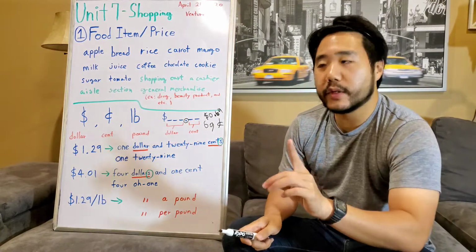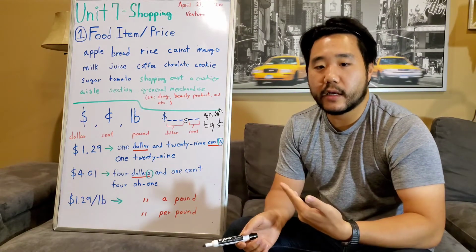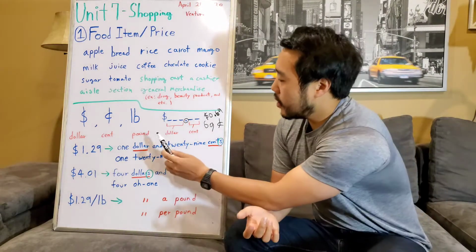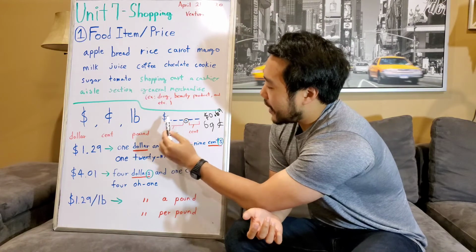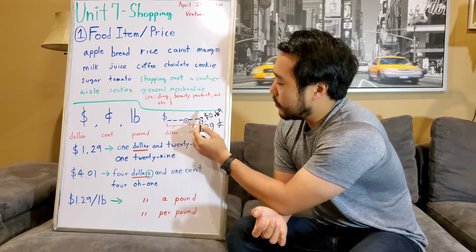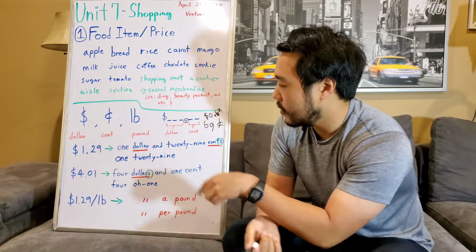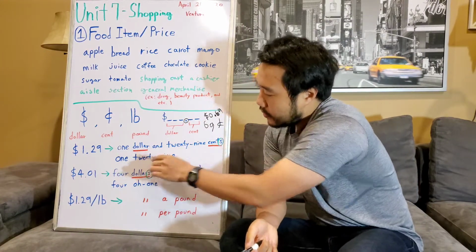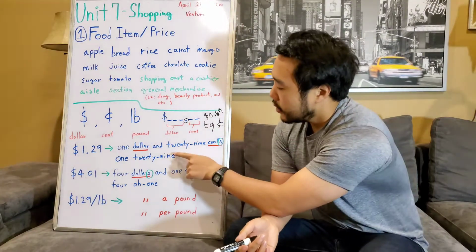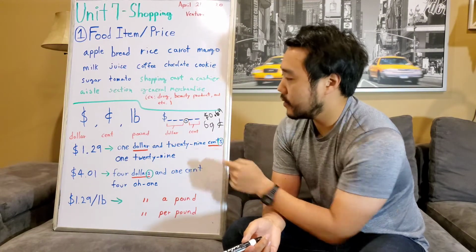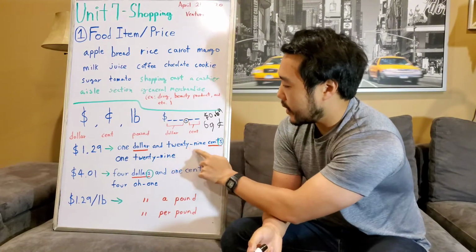So one way to read this is we just read it as it goes. Here is where we read the dollars, and this is where we read the cents. So we have $1 and 29 cents.